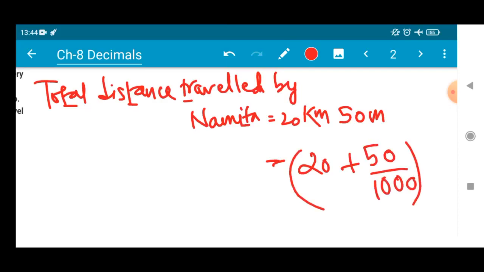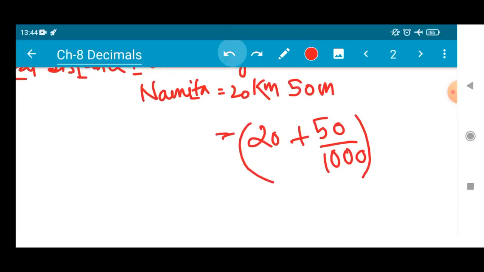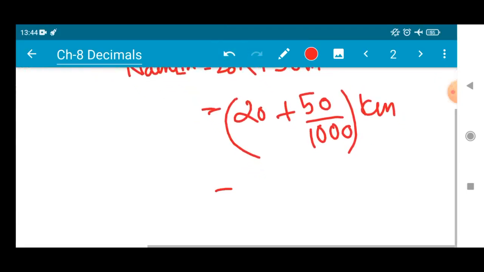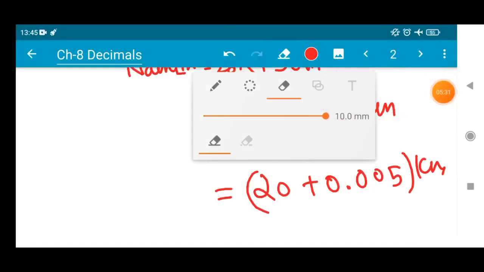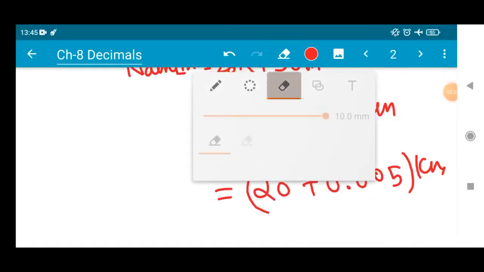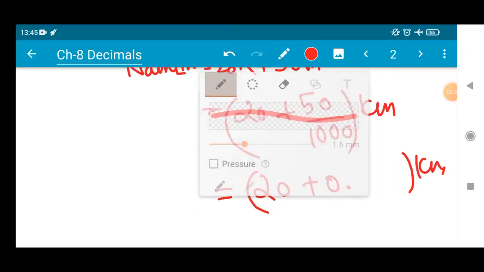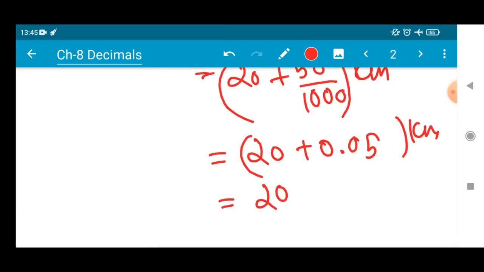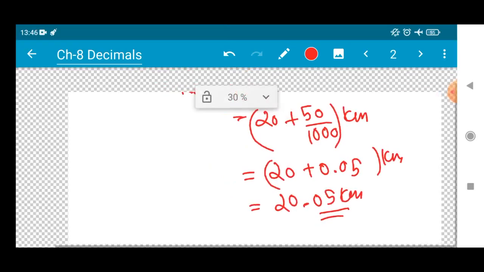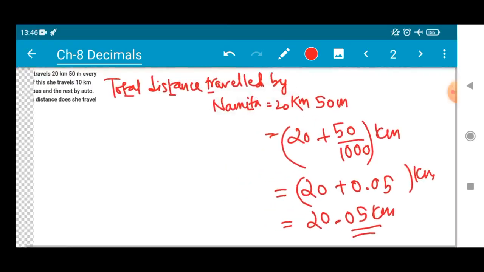So 1 meter is equal to 1 by 1000 kilometer. I hope you know this. So 20 plus 0.05 kilometer. Now if I add this, I'll be getting 20.05 kilometer. So this is the total distance traveled by Namita.